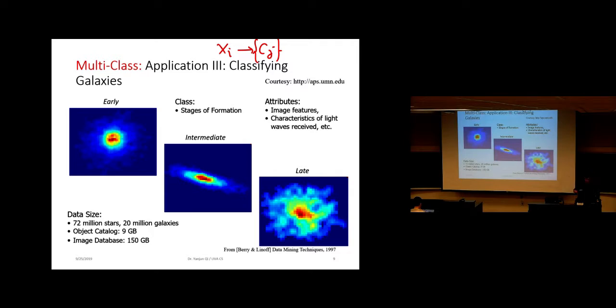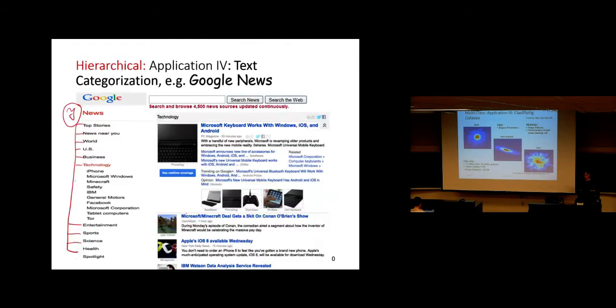In the end, it's just C1, C2, until say maybe M. And in the hierarchical classification, instead, there are relationships among the classes. So in this case, you have C1, maybe this is C4, and inside C4, you actually have C4.1, C4.2.